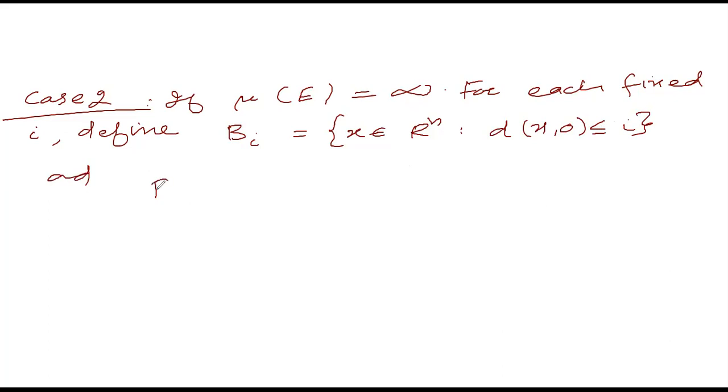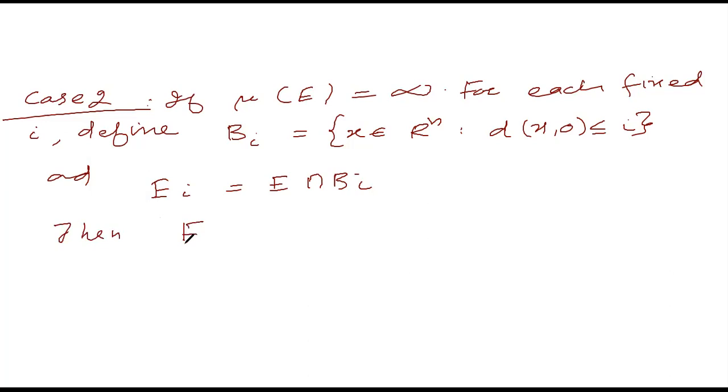We define the sets E_i, which is equal to E intersection B_i. Since E is measurable, and B_i is measurable because every closed subset of R^n is measurable, E_i is measurable.